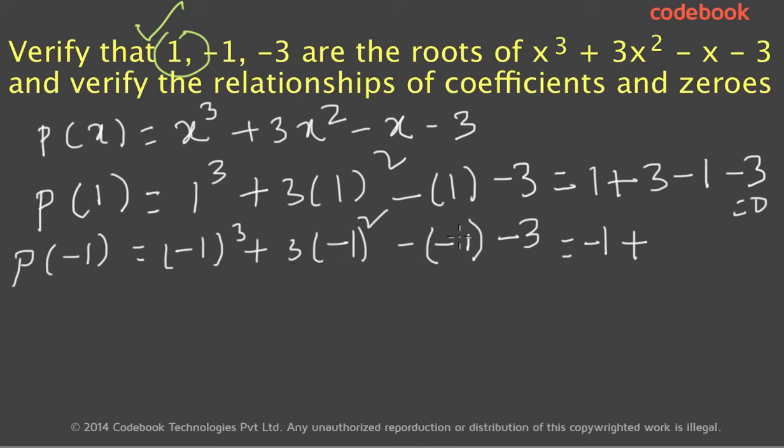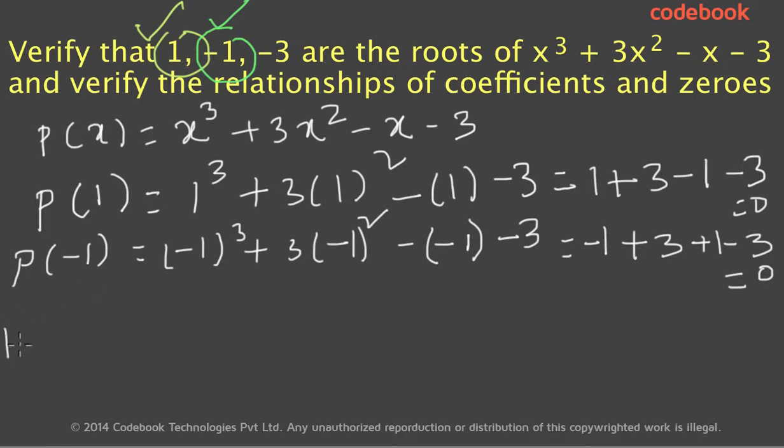Minus 1 whole square is 1. 3 times 1 is 3. Minus of minus 1 is plus 1. And here minus 3. Which again, 3 minus 1 is 2. 2 plus 1 is 3. 3 minus 3 is 0. So p of minus 1 is 0, which means minus 1 is also the root of this cubic polynomial.